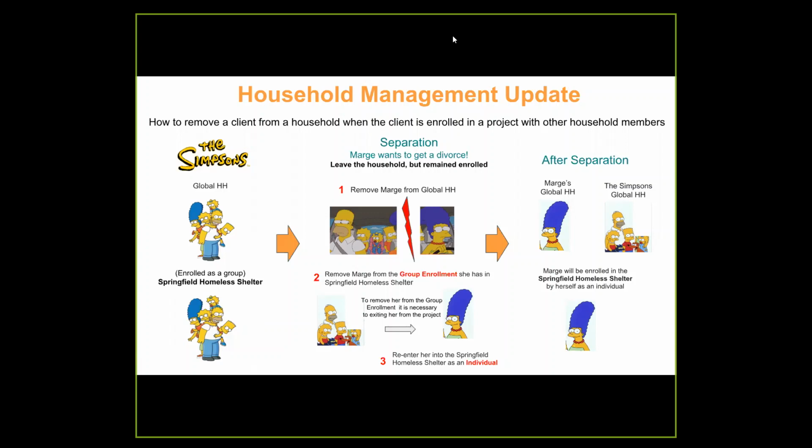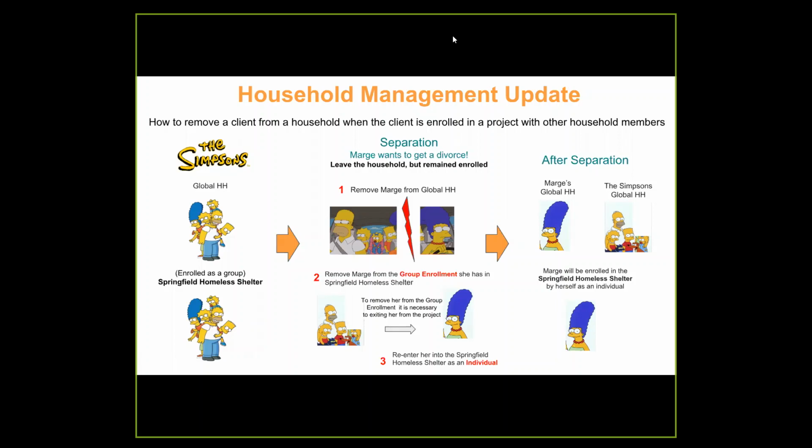The first step is to remove Marge from the global household. This is a pretty easy, straightforward part of the process. Once we do this, the second step is to remove Marge from the group enrollment that she has in the Springfield Homeless Shelter. In order to do this, we need to exit her from the project.